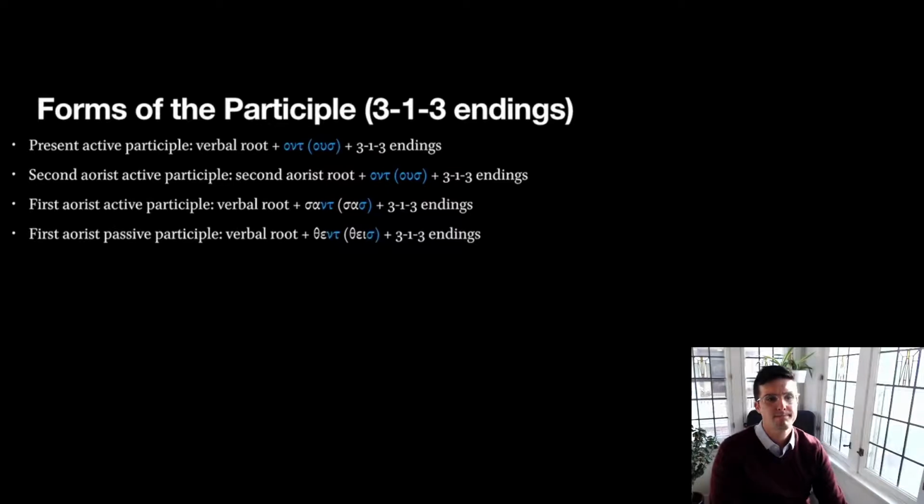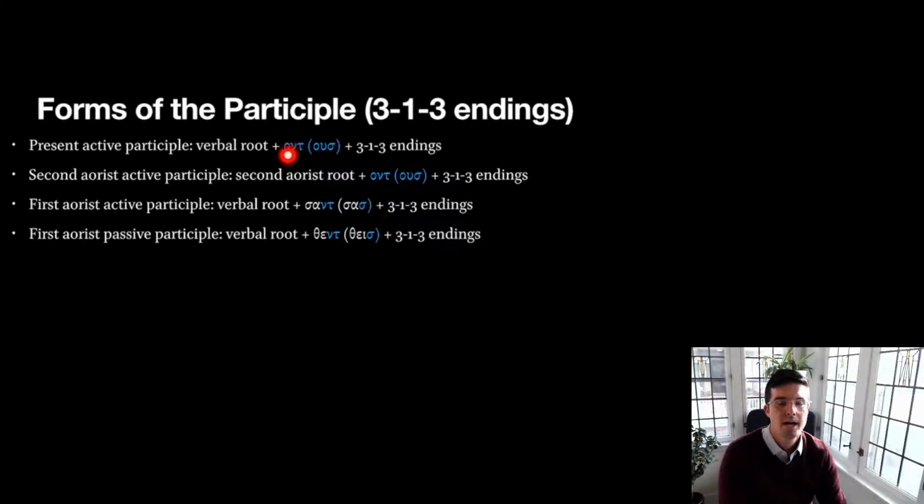The first aorist passive participle is going to use an unmodified verbal root, so not a second aorist root. It's going to use theta eta or theta eta iota as the sign of the passive. And then it's going to use the nu tau or the sigma as the sign of the participle.